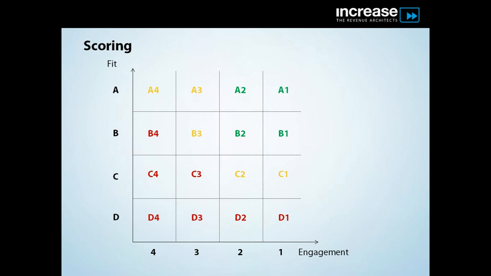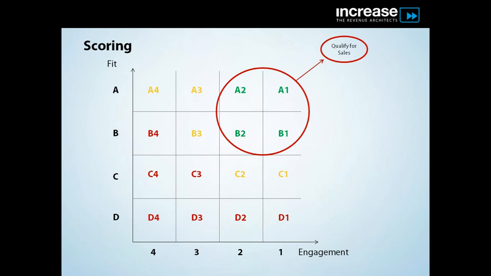So if we put this lead scoring matrix on all our potential leads from marketing, it will show us who we can qualify for sales and who we have to keep in marketing. So what we will do is typically qualify the upper right corner for sales, move them to a sales rep and create a lead for them to be followed up by sales, because they fit our profile and they're engaged.